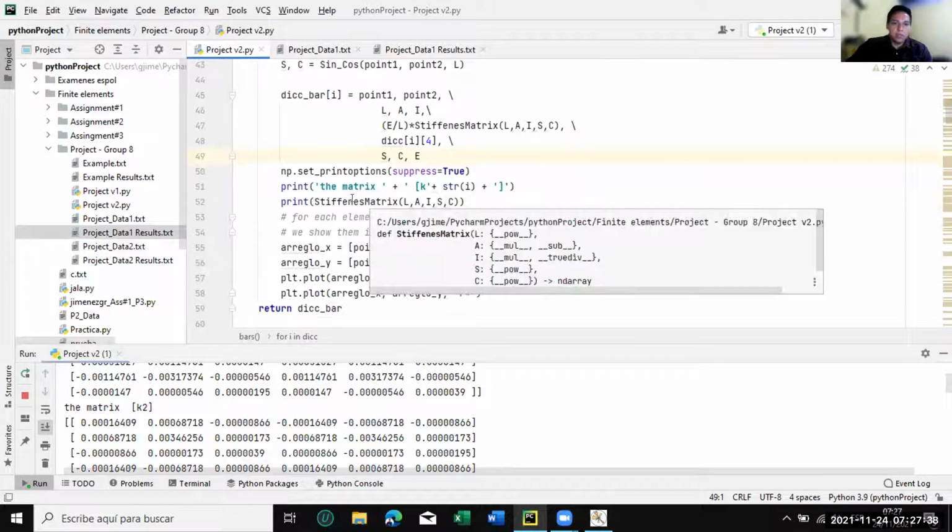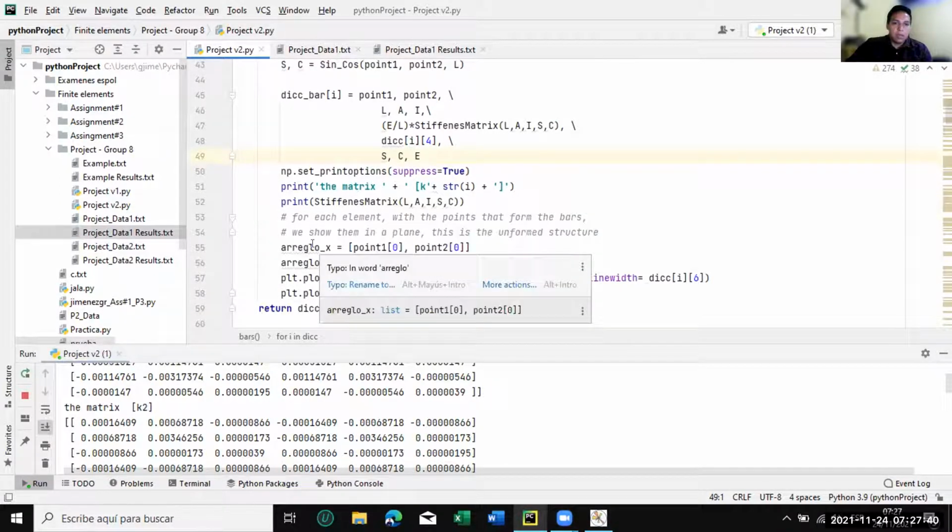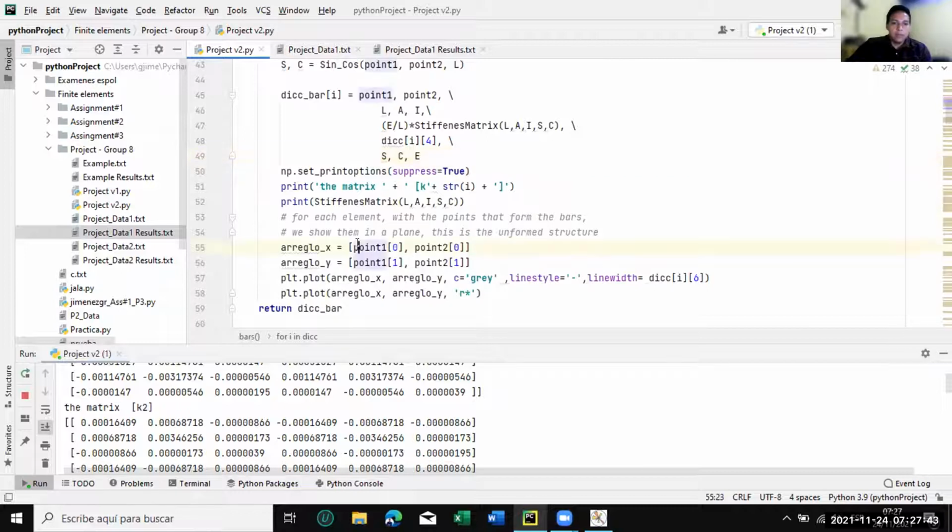Then we make a simple arrangement for X and Y, and plot these values. It shows them aligned from joint 1 to joint 2, or joint A to joint G, to create this.